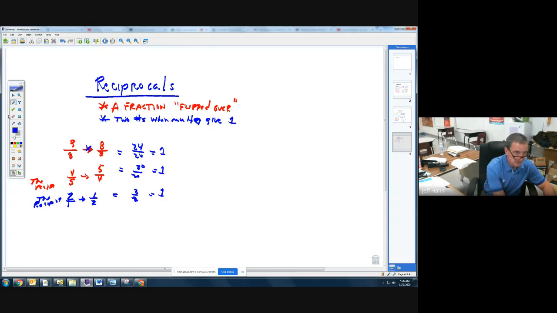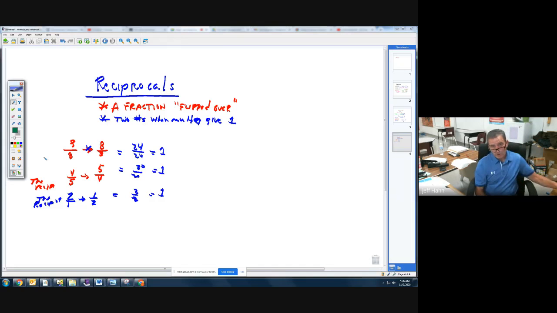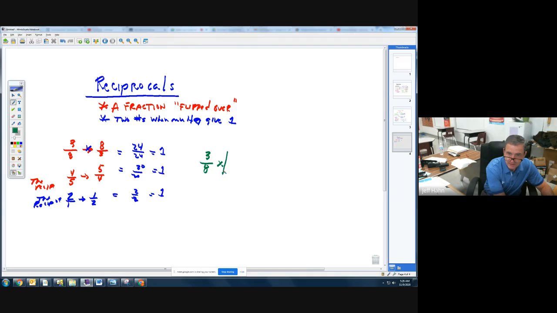Okay, now the way that they put that into use here is sometimes they'll just ask you for the reciprocal of a number and you can easily do that, but other times they make it look a little like this. They'll write out something like 3/8 times, and then they'll put a big old block here, equals 1.